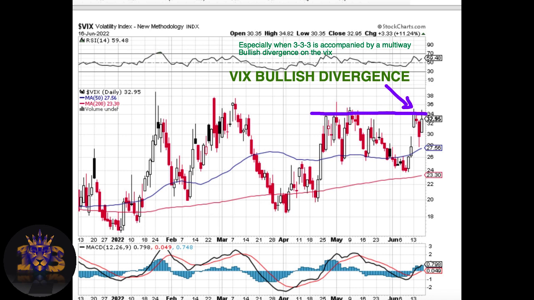But a much simpler way to view this is, look, these are very rare market circumstances. The market is selling off, but it is selling off in a very, very orderly fashion here. This is why the VIX is not breaking much higher from this 34 level. The VIX is failing to break out.